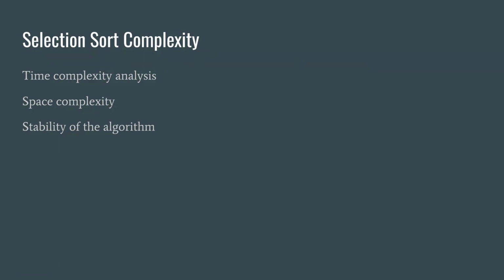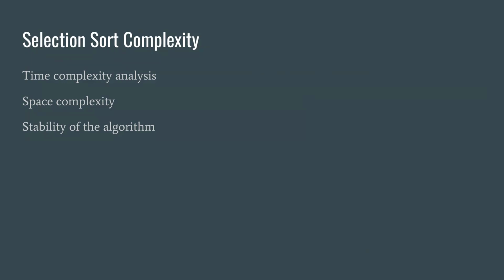So now let's dive into the computational complexity of selection sort. It is really important to understand that although selection sort is simple, I would say selection sort is not the most efficient for large data sets. The algorithm's time complexity stands at O of n squared in the worst case, as you saw in the code example.